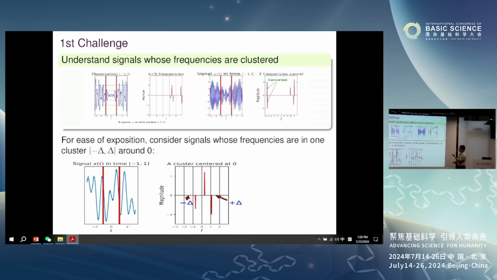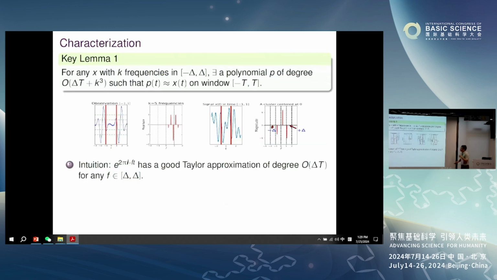So we want to understand what these signals look like when the frequencies are clustered around 0. Our key lemma shows that when the frequencies are around 0, we can use a polynomial to interpolate the signal on the time domain.